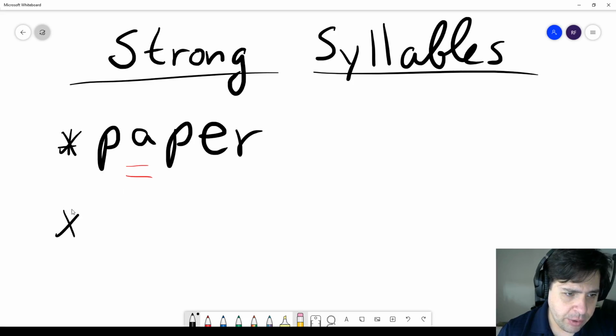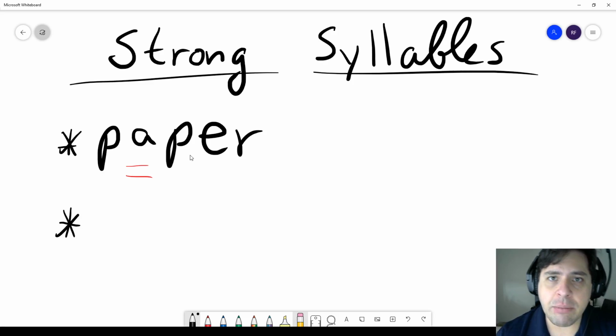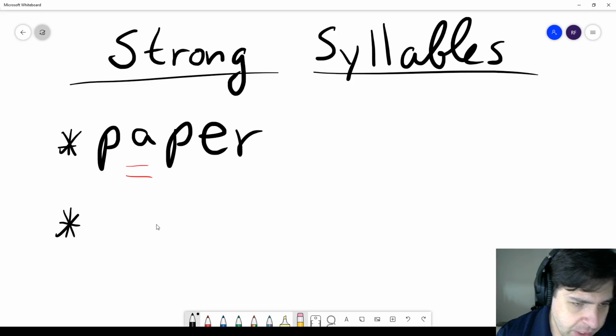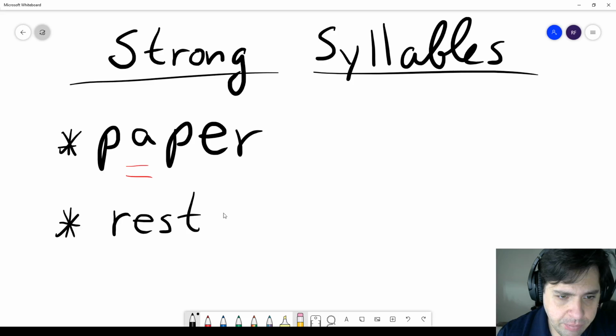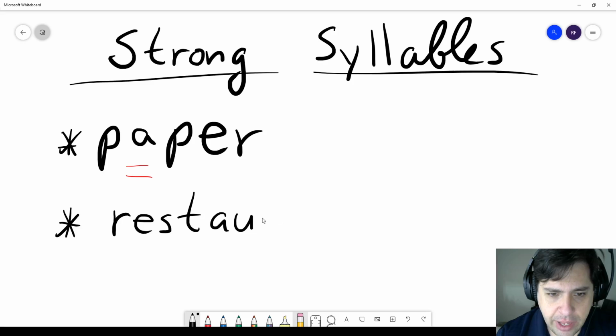Let's look at a different word. And this is all going to come with practice. It's something that you're going to have to memorize. Let's look at this word here. Now, a lot of languages have strong syllables.